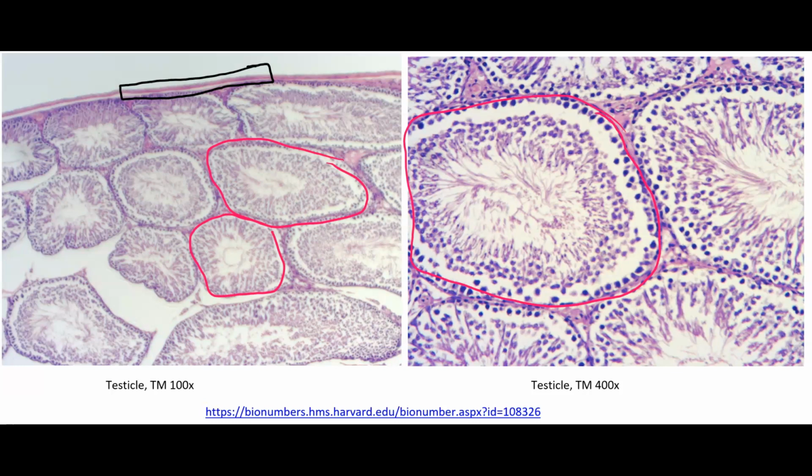You can see I've circled a few of them in pink for you. We can also see that there's sperm inside these seminiferous tubules. That's in here. And then all of this is sperm, which makes sense because the job of the seminiferous tubule is really to be the sperm factory.